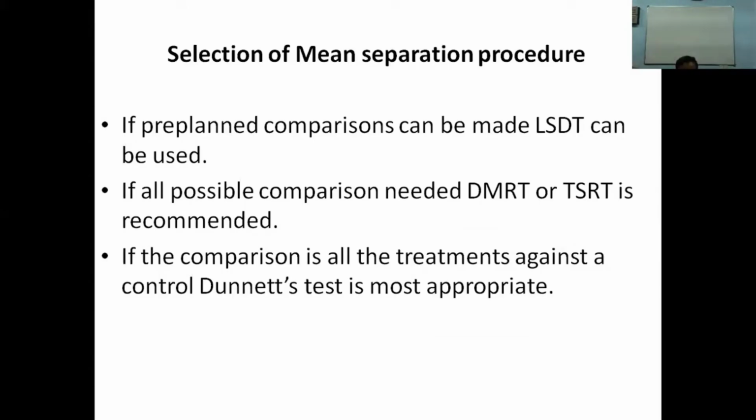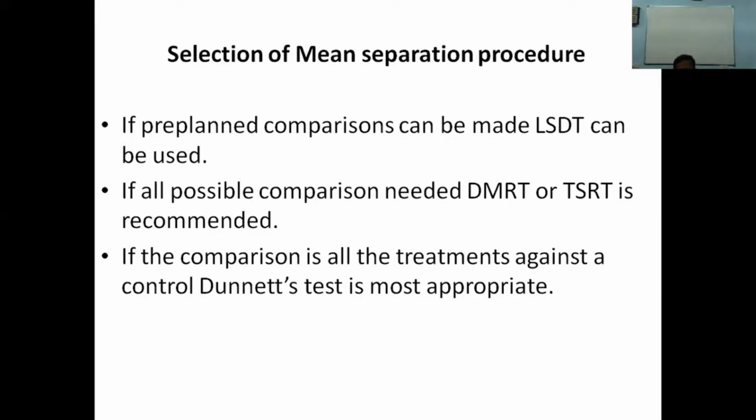Suppose you have a small number of treatments to be compared, then we can use the least significant difference, LSD. If you have a large number of treatments to be compared, then we can use DMRT or the Tukey test.